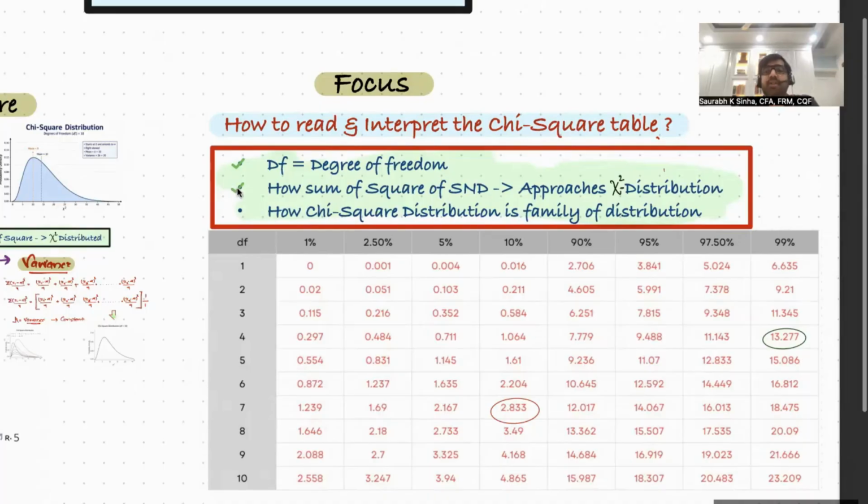And then we have to understand how the chi-square distribution is a family of distributions. Then only you would be able to understand the chi-square table.